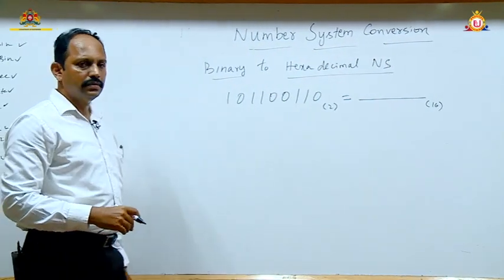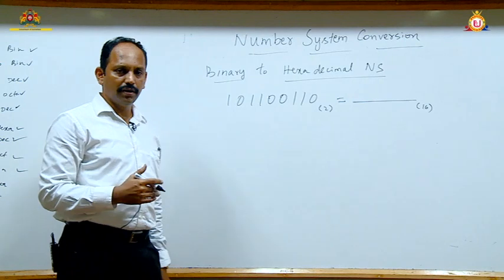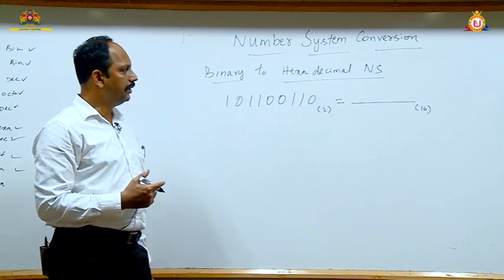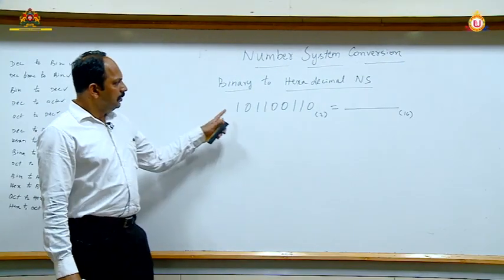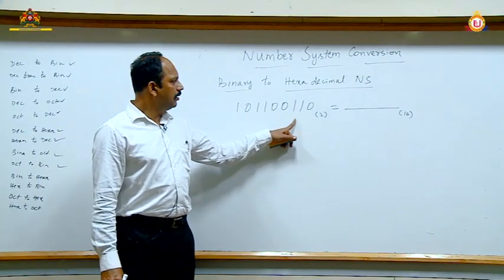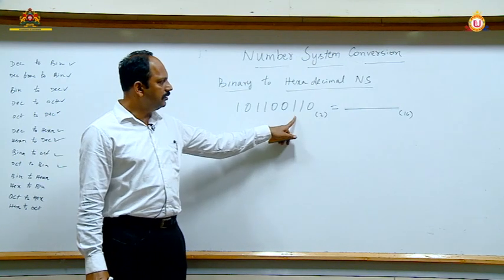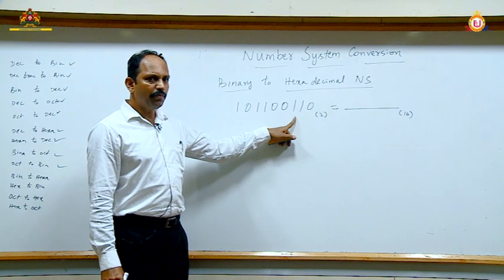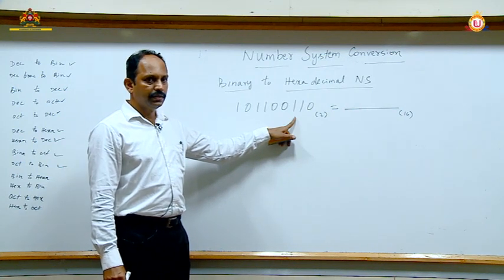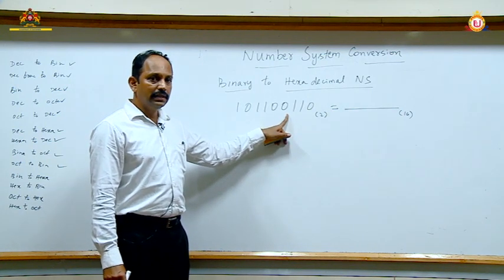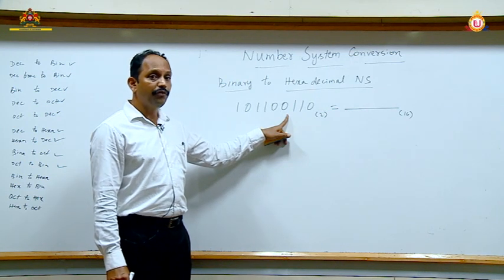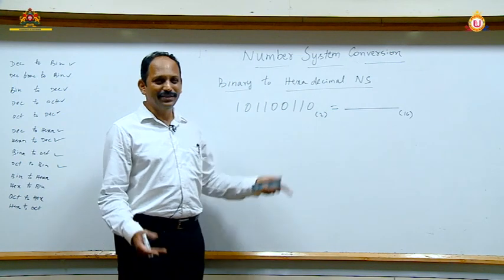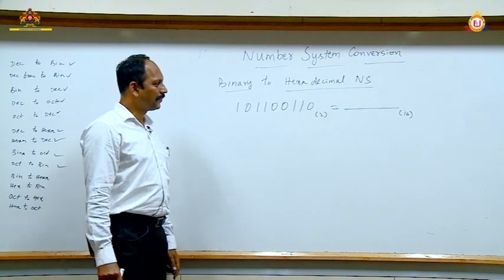Here I am discussing the shortcut method, how this number can be easily converted into hexadecimal. For conversion of binary to hexa, in the shortcut method, we group 4 binary digits, and the decimal value of that group of 4 binary digits is the result in hexadecimal. It is very simple.